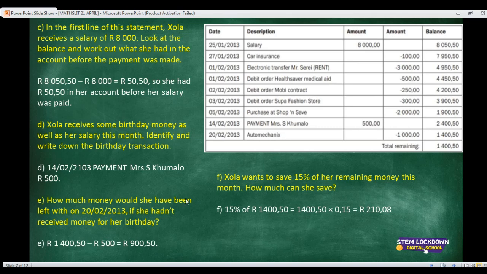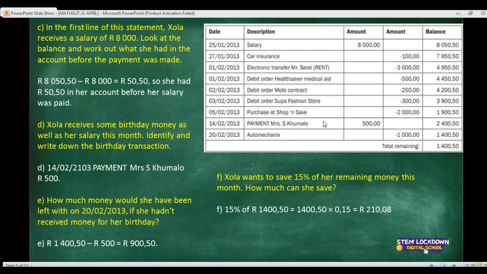How much money would she have been left with on 20 February 2013 if she hadn't received money for her birthday? So if she hadn't received money for her birthday, that means in all our calculations, we exclude the 500 rands that she received for her birthday.